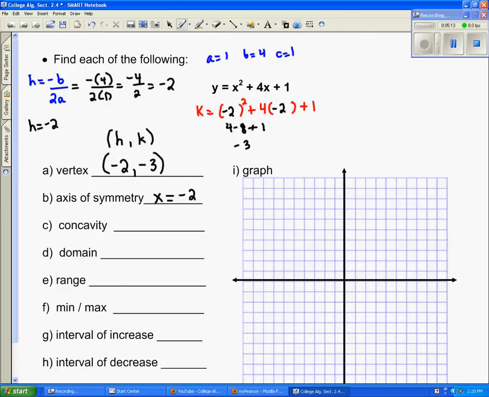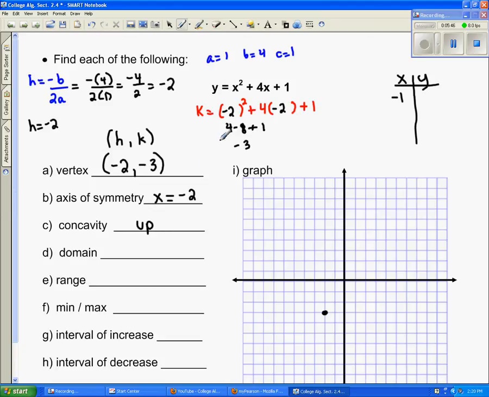And our concavity, remember if our a value is positive, it's going to be pointing up. It's going to be concave up because this is positive x squared. For my domain, let's stop and graph this real quick, and then it's easier to name our domain and range and the rest of this. So if I come over to my vertex, negative 2, negative 3, it's right here. And if I made an XY table to substitute some points in, I'm just going to do negative 1.